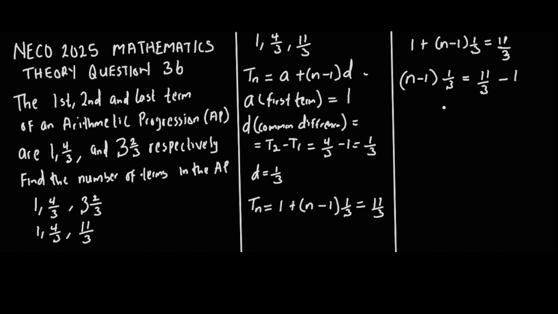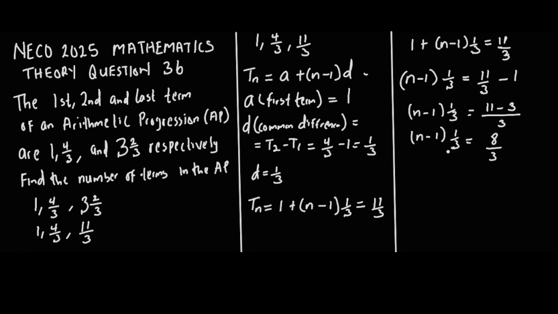This is going to give us 11 minus 3 over 3. Then n minus 1, 1 over 3 is equal to 11 minus 3, which is going to give us 8 over 3.